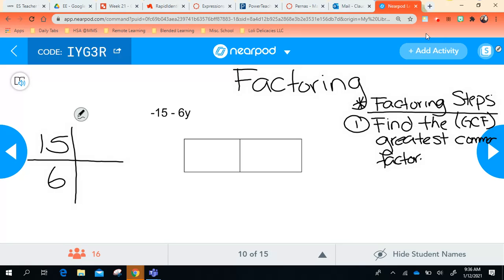And then I can look to see if any other numbers are giving me 15. I know for sure that 1 times 15 gives me 15. I just saw that 3 and 5 give me 15. And that's about all I found. So again, keep in mind, you can use those sheets. You can also even use your calculator.